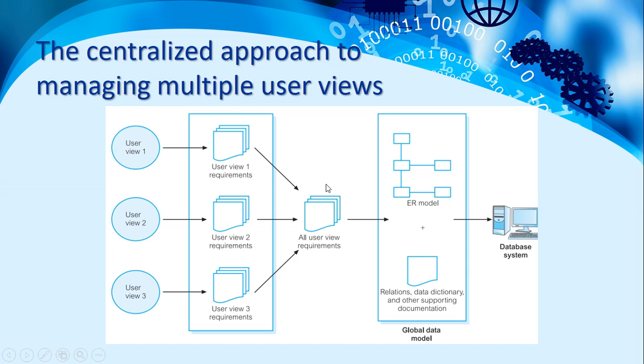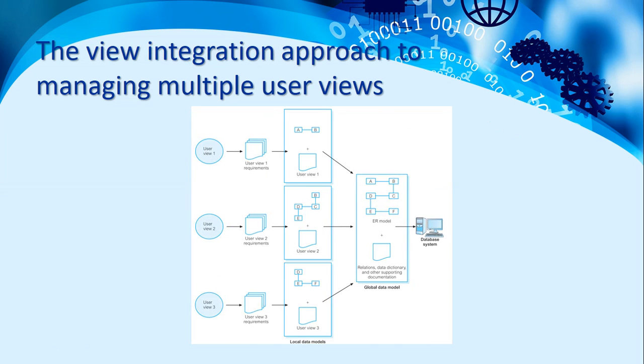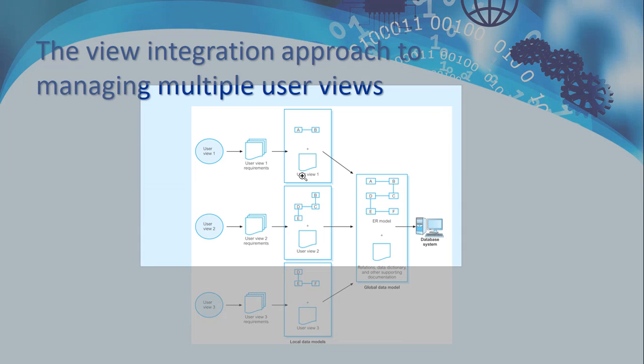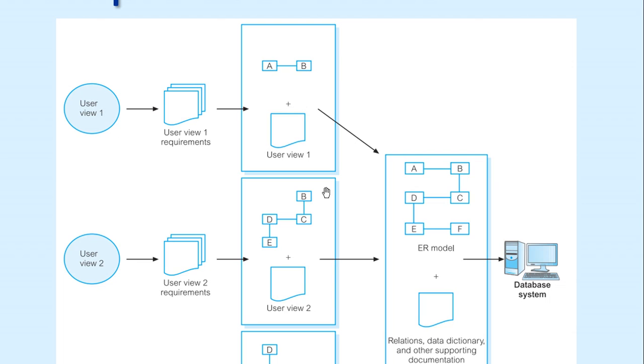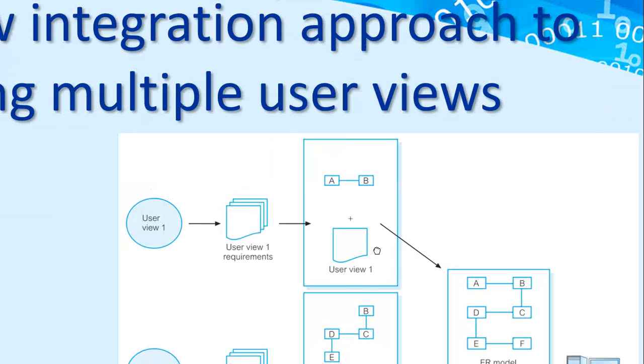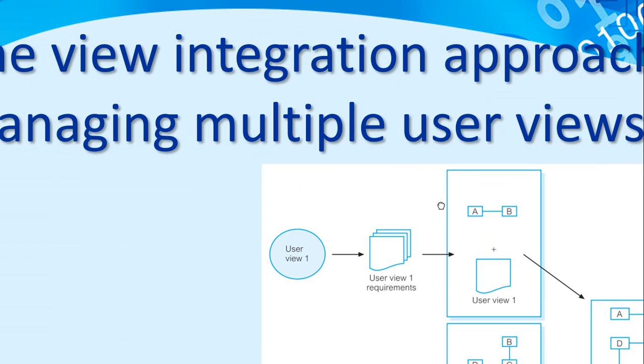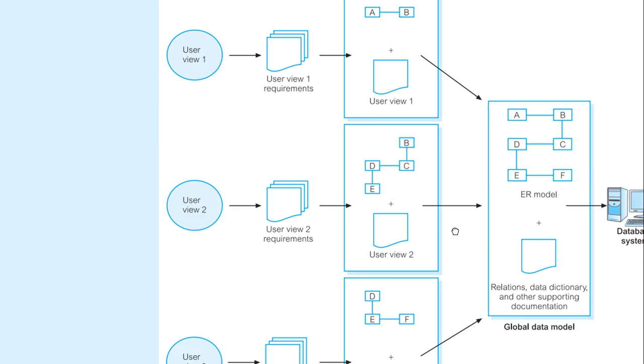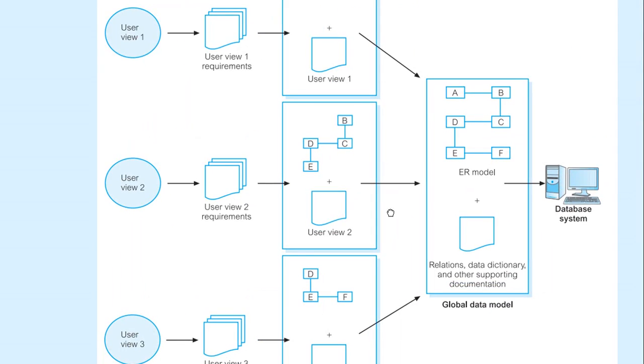On the other hand, the other approach is view integration. It's a bit small, so let me zoom in so you can see. Again, this is view integration. Earlier, that was centralized. Now this is the difference in managing user views.